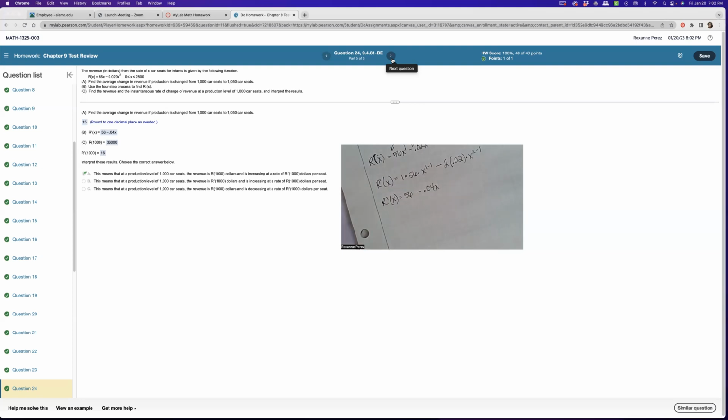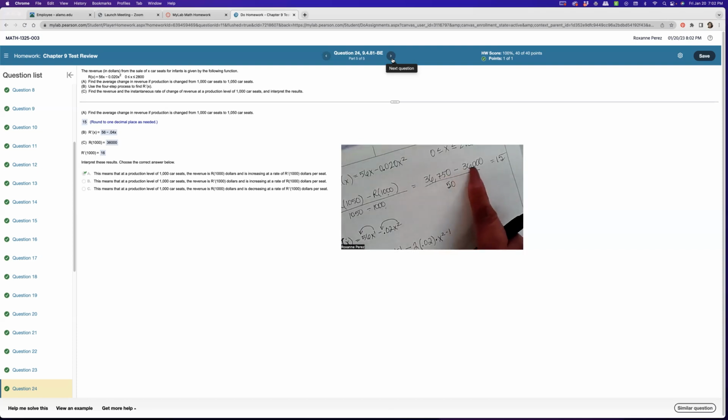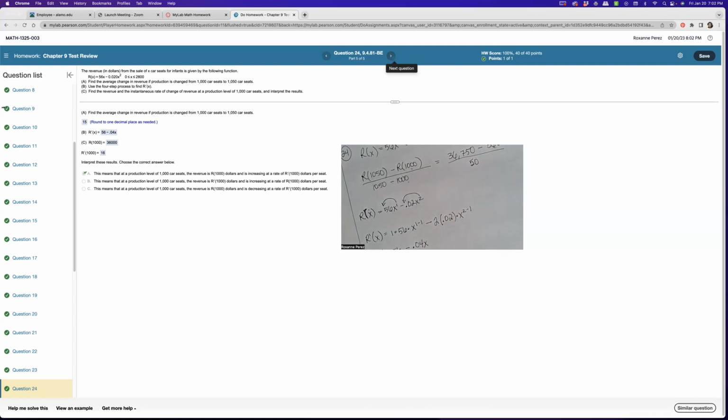Okay? So then part C asks for R evaluated at 1,000. Well, we already did that in our previous work. So R at 1,000 is equal to 36,000. And then the next part here, R prime evaluated at 1,000. So we need to calculate that really quick.